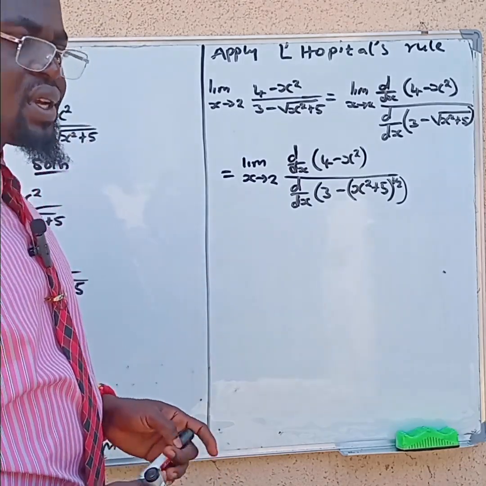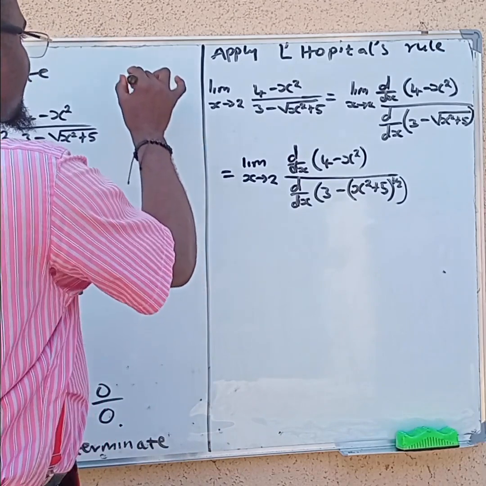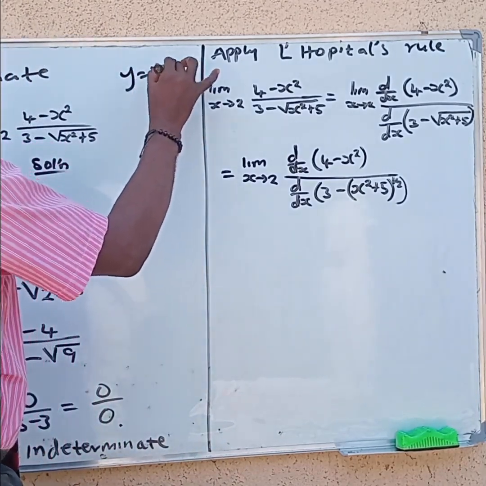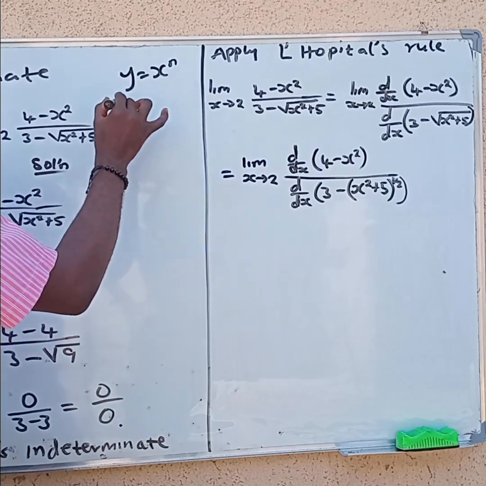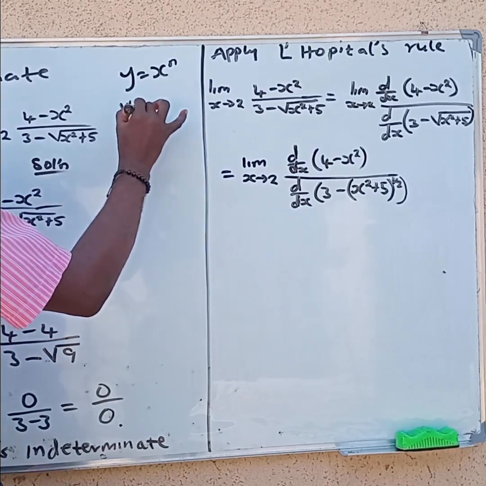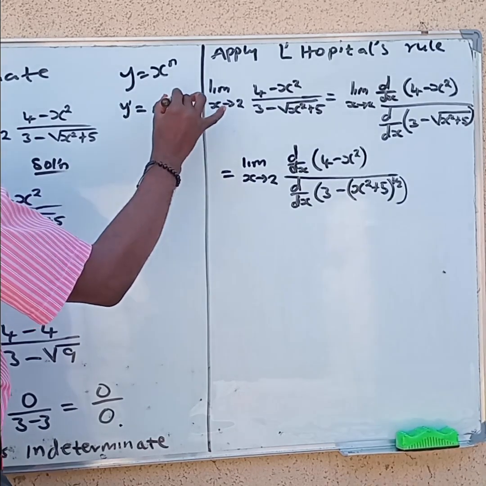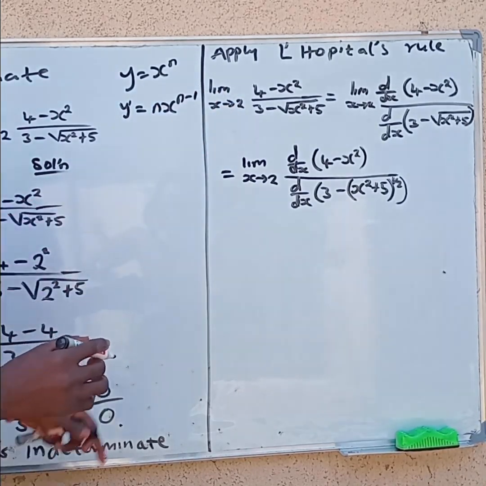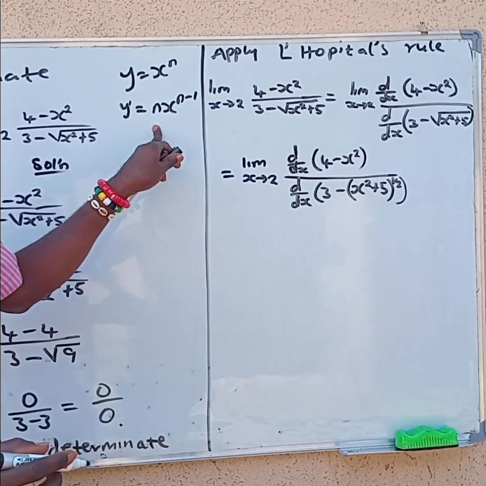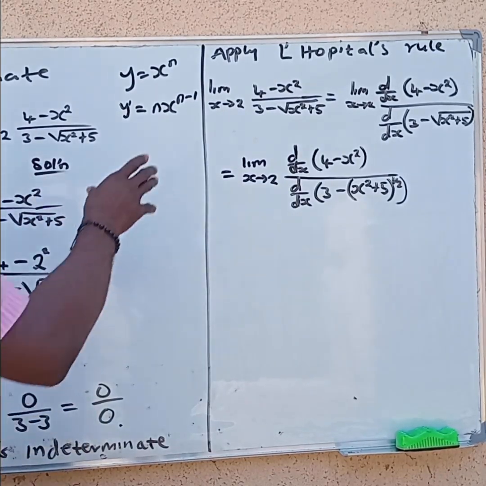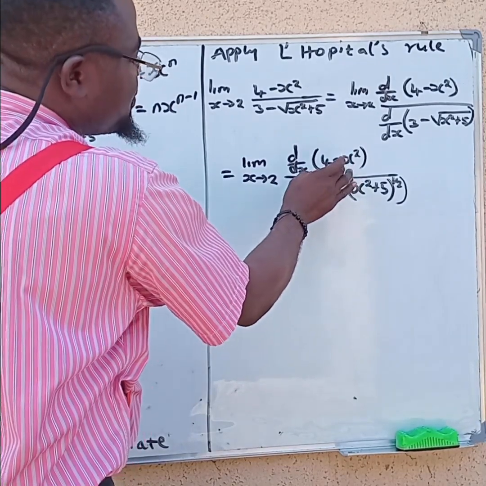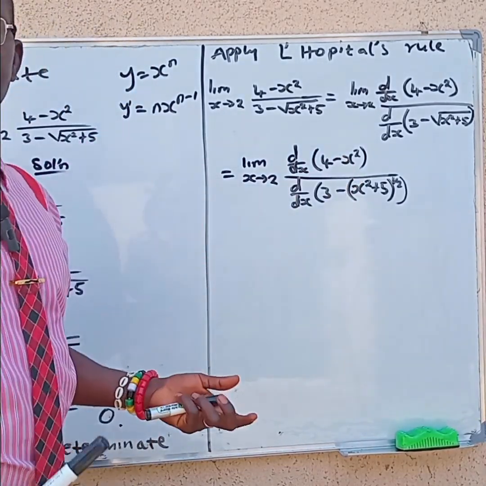In differentiation, we say that if you have y equals x raised to power of n, our dy/dx or y prime will be n x to the n minus 1. This is the formula for differentiation. And if you differentiate a constant, it is 0.